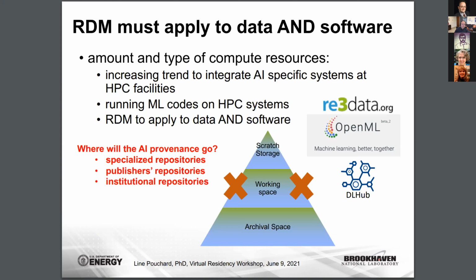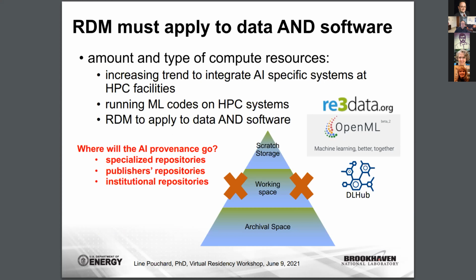In this artificial intelligence ecosystem, we have the archival space, the working space, and the scratch space, and the data that we need to preserve in order to be able to reproduce these experiments is what is in the working space.